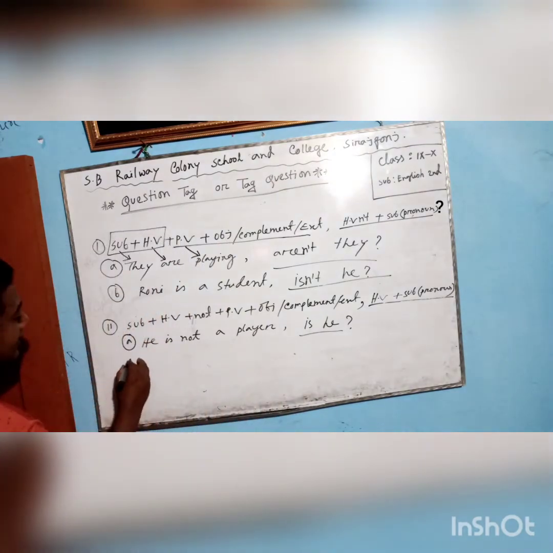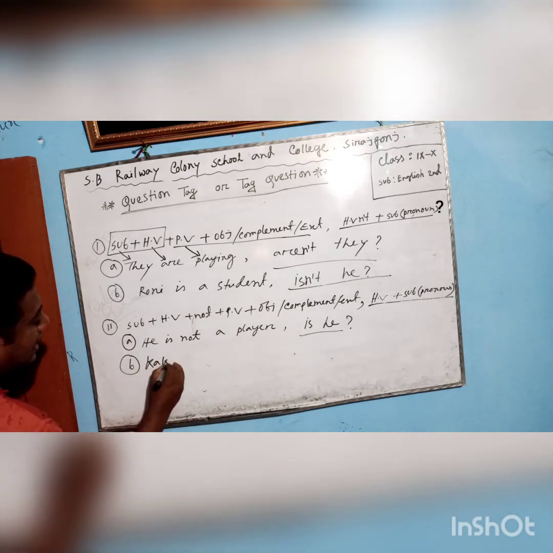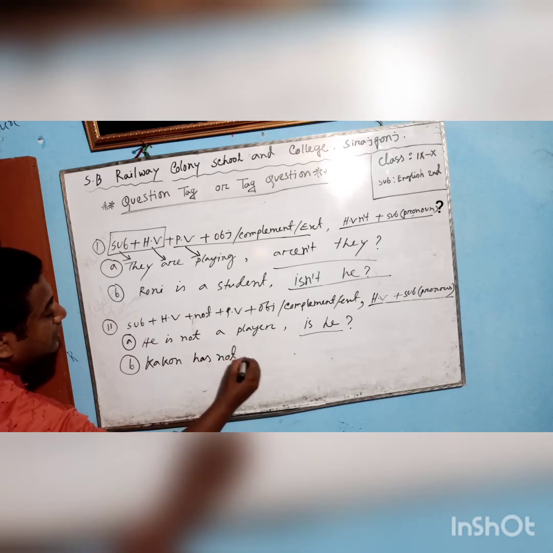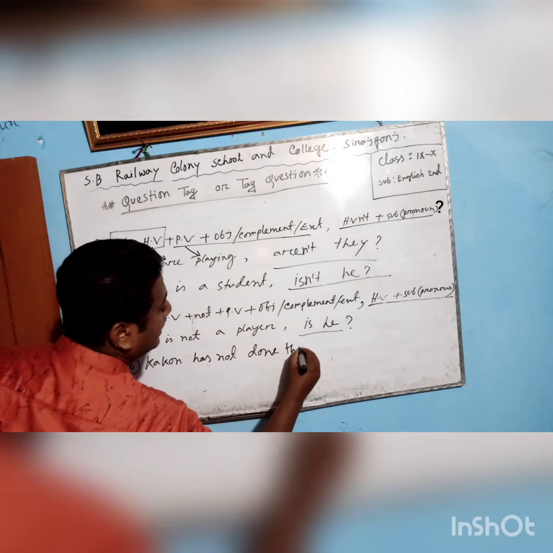And the second example for our second structure, number B: Kakon has not done the work.